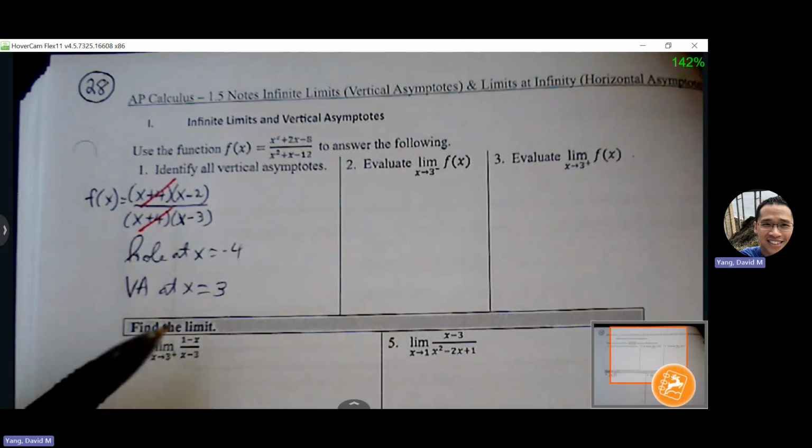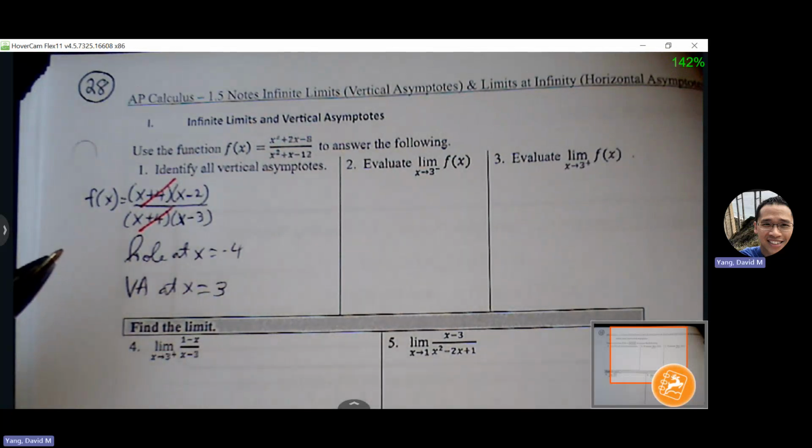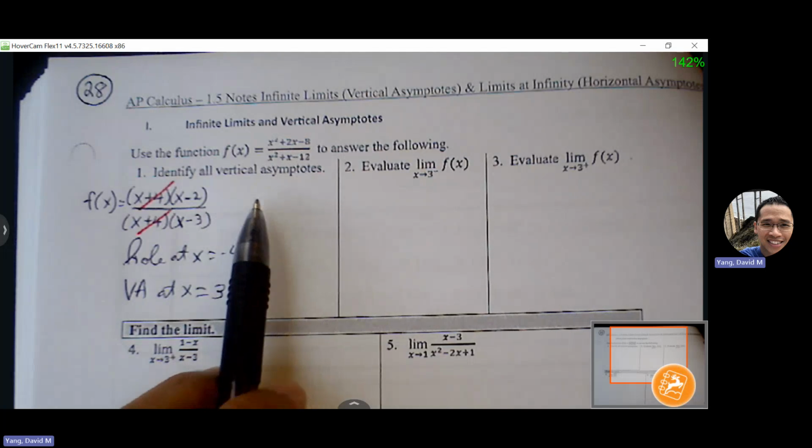Now, what do you know about the limit as we approach a vertical asymptote? Limit, does it exist or does not exist? Okay, it does not exist. Okay, good. So we know the limit doesn't exist if we're approaching a vertical asymptote, right? So we've established that.